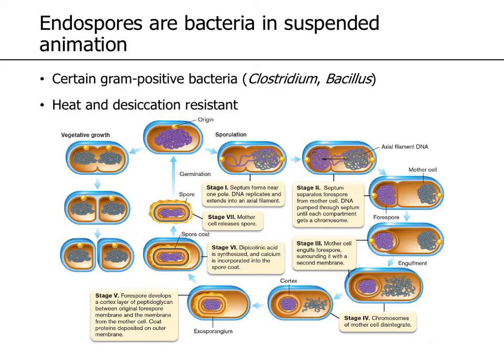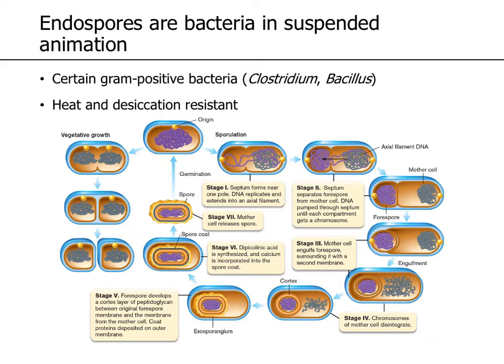Things that you've probably heard of, like tetanus, botulism, anthrax, those are all things that form these spores. The key thing about them is they're heat and desiccant resistant, so they're very hard to kill, and they can survive for a really, really long time. A lot of these species are soil bacteria, and sometimes you can find that these spores have survived 50 to 100 years.